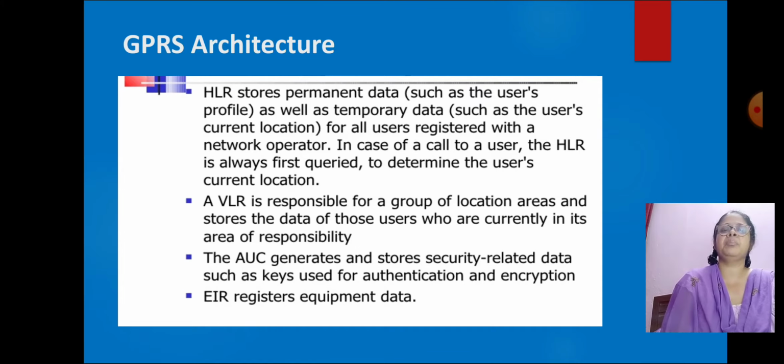HLR stores permanent data such as the user's profile as well as temporary data such as the user's current location for all users registered with a network operator. In case of a call to a user, the HLR is always first queried to determine the user's current location.